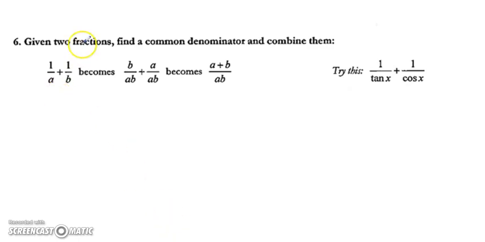The first of which is what happens when you have 2 fractions and you need a common denominator. So the gist is you take the denominator from one and you multiply that fraction by it. You take the denominator from the other, you multiply both top and bottom by that. So you get b and a, those are the denominators, over a times b. But you don't change the denominator after that. ab is ab.